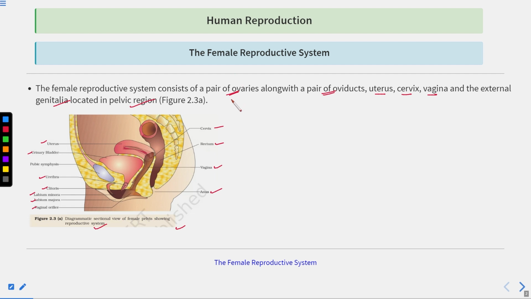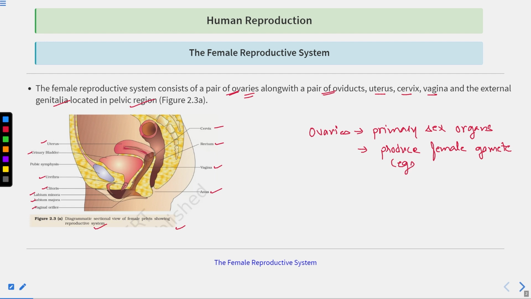Again, let's discuss. It consists of a pair of ovaries. Ovaries are the primary sex organs, you have to remember. So there are primary sex organs and there are secondary or accessory sex organs. What is the function of ovaries? Ovaries produce the female gamete. What is the female gamete? The female gamete is the egg.